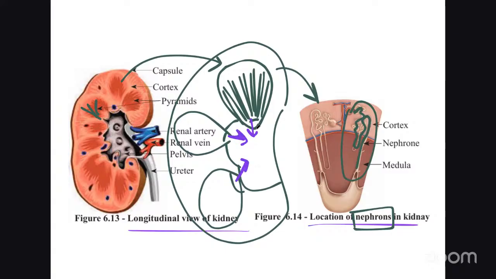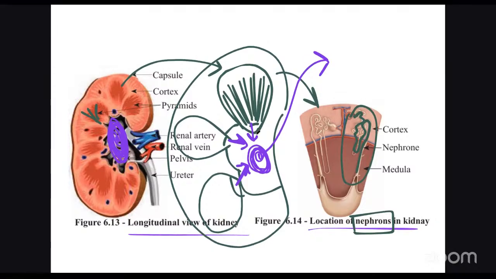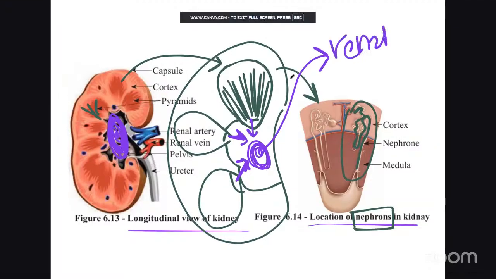I'm coloring it. What is that area called? That middle area. What do we call that? Yes, that is the renal pelvis. From the nephrons, it's going to be directly released into the renal pelvis.